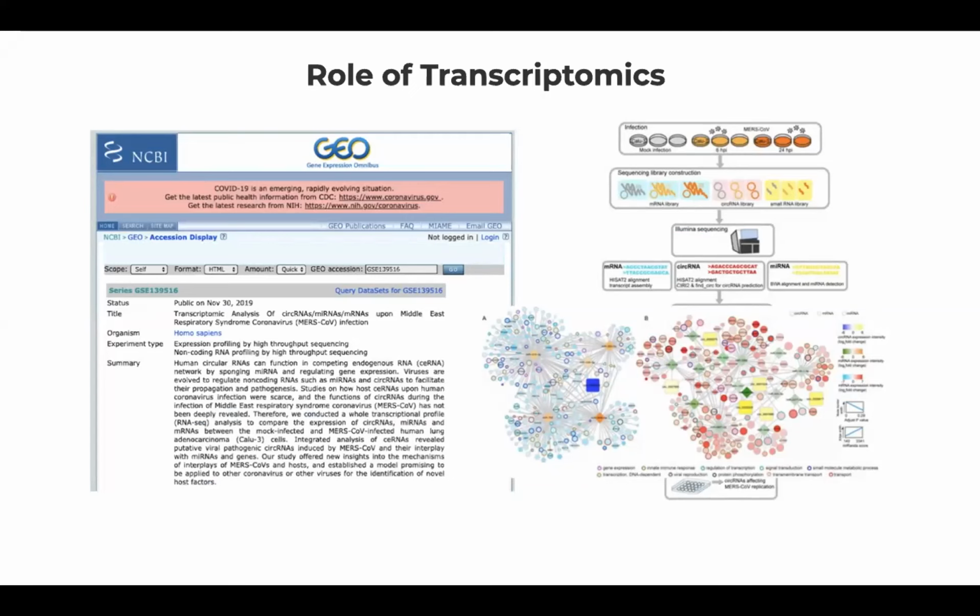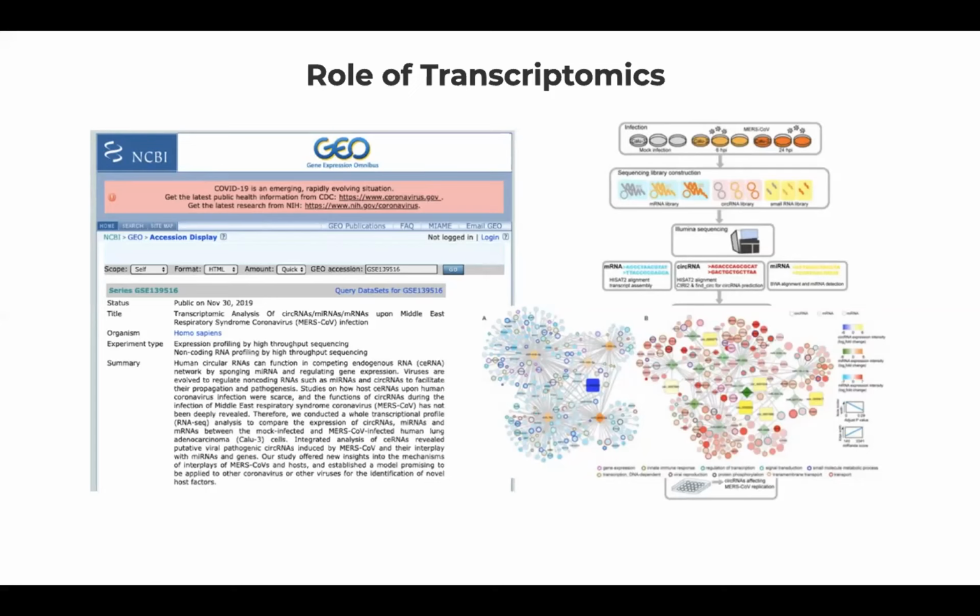Gene expression studies help and facilitate the identification of host factors that contribute to disease susceptibility. So one of the places to look for data that can provide insights and answers related to the expression of the genes that characterize this process of infection is the NCBI Gene Expression Omnibus, GEO.